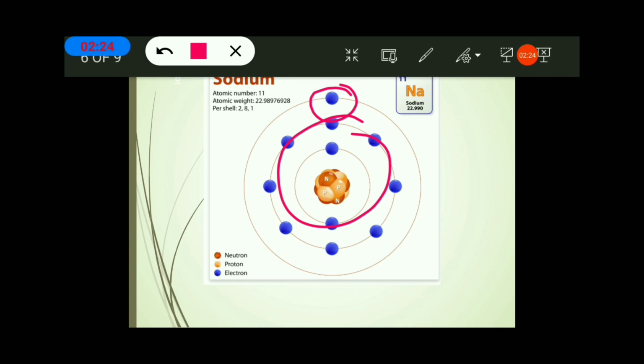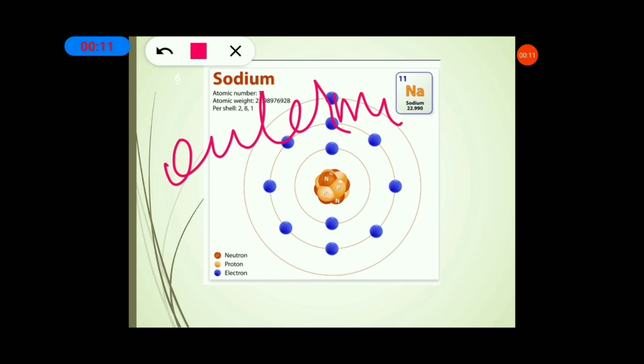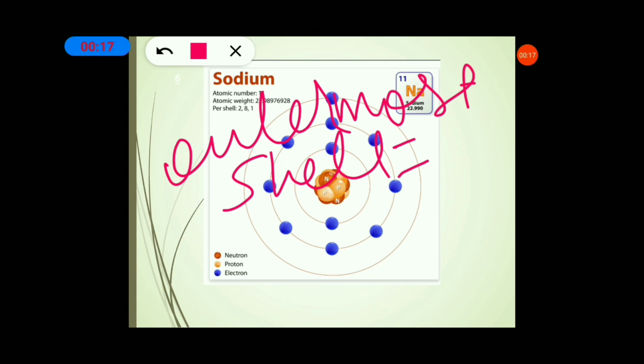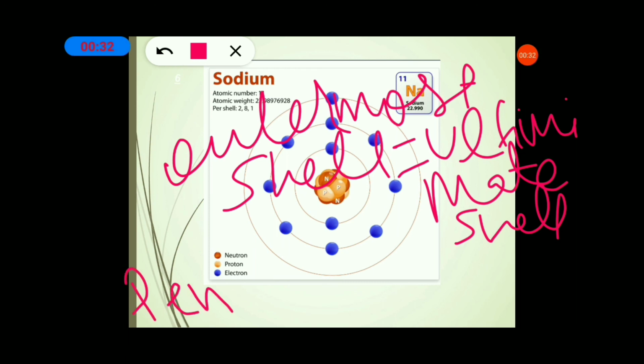Without completing the previous shell, electrons cannot be filled in the outermost shell. The outermost shell is called the valence shell, or we can say the ultimate shell as well. And the shell before the outermost shell is called the penultimate shell.